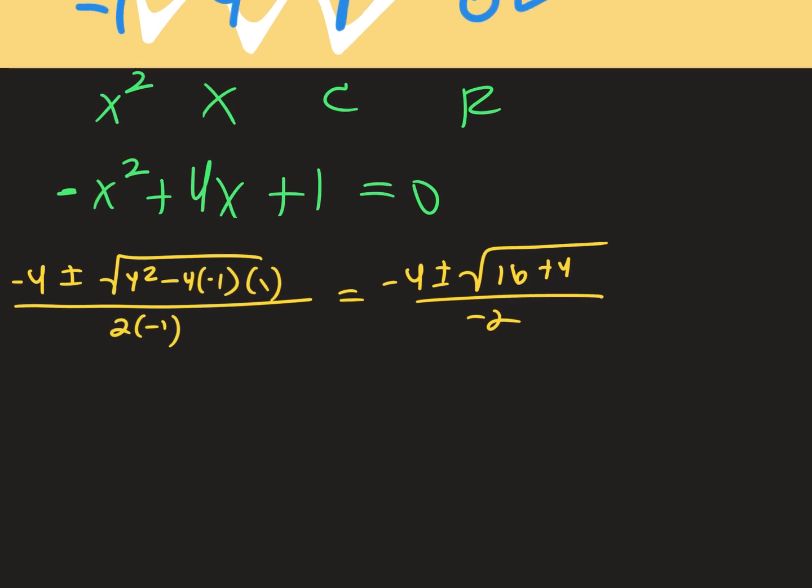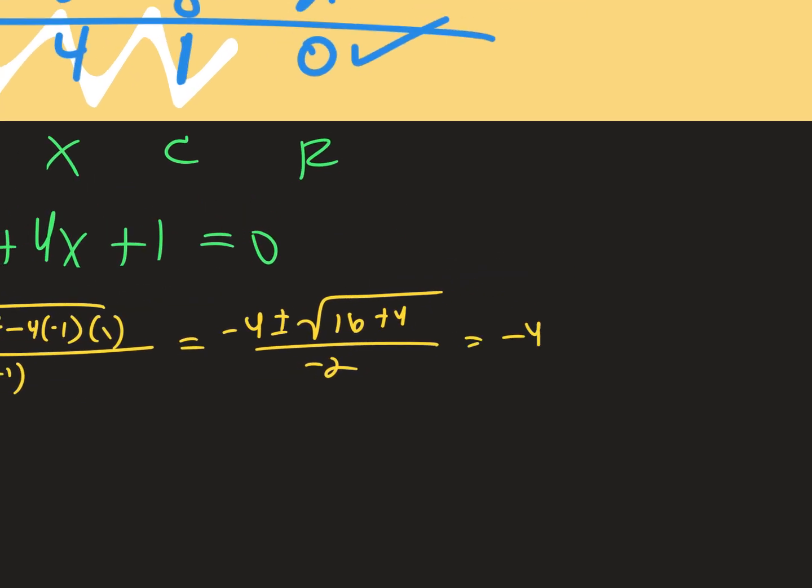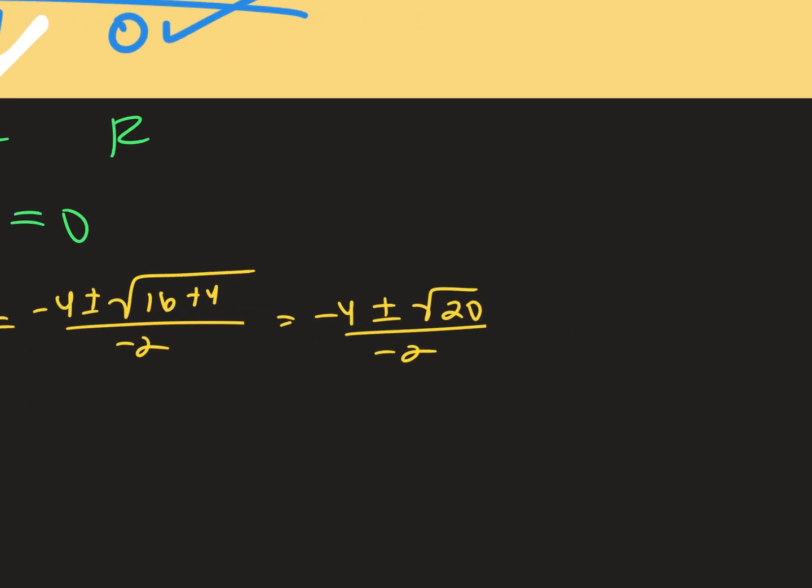Okay. So you have negative 4 plus or minus the square root of what? 20 over negative 2. What do we notice here? Can we simplify 20? What is 20 simplified to? 4 and 5. So I can rewrite this as negative 4 plus or minus 2 square root of 5 over negative 2, right?